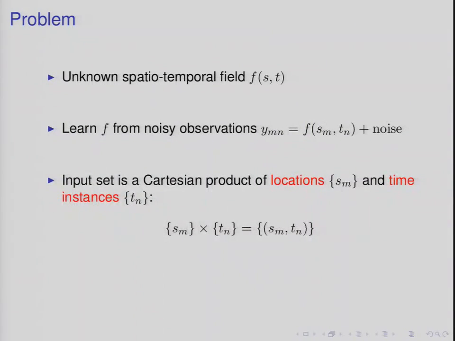The requirement for the input set is that we have a set of locations and a set of time instances, which don't need to be evenly spaced, but at each time instance we get observations from that set of locations. So the input set is a Cartesian product of the locations and the time instances. We can have missing values, but this is the baseline.